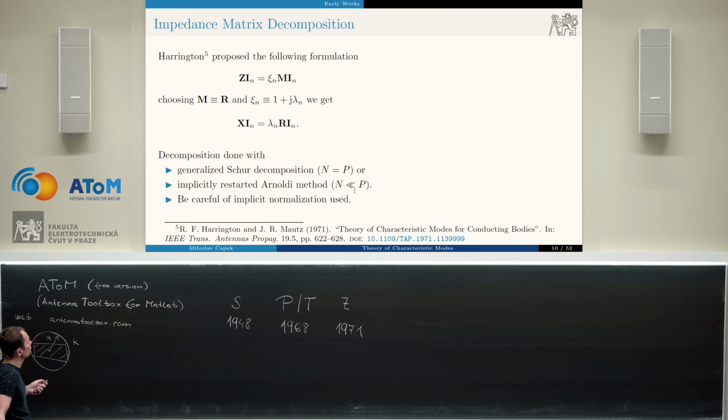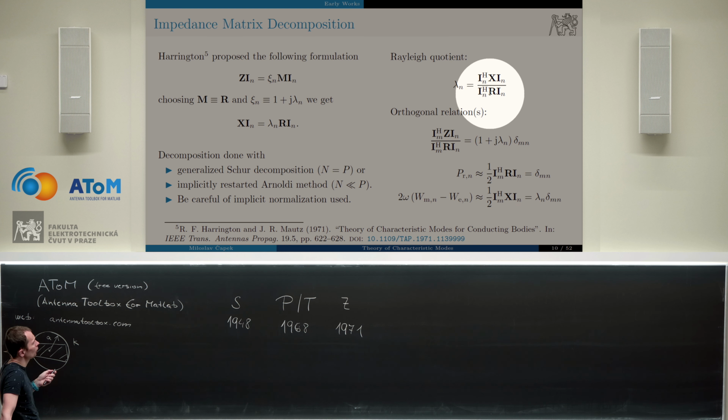So it's pretty natural to normalize eigenvectors somehow. And the standard normalization is so that the modal radiated power, the power radiated by each mode, is normalized so that it's unitary. And if you do it like that, then the denominator of this quotient is basically 1. And then the eigenvalue is directly telling you what is the reactive power of the mode.